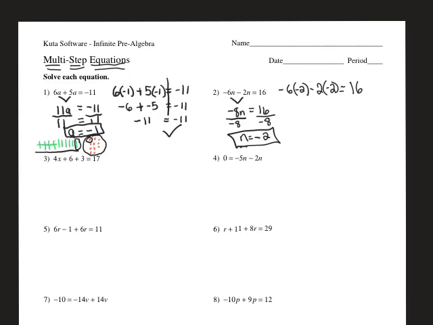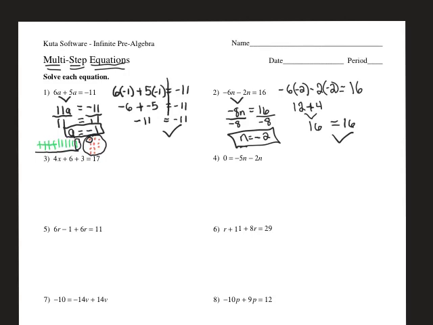So let's see. Negative 6 times negative 2 is positive 12. 6 times 2 is 12, and negative times negative is positive. Negative 2 times negative 2 is positive 4. And 12 plus 4 is 16. So 16 equals 16, and we've done our math correctly.